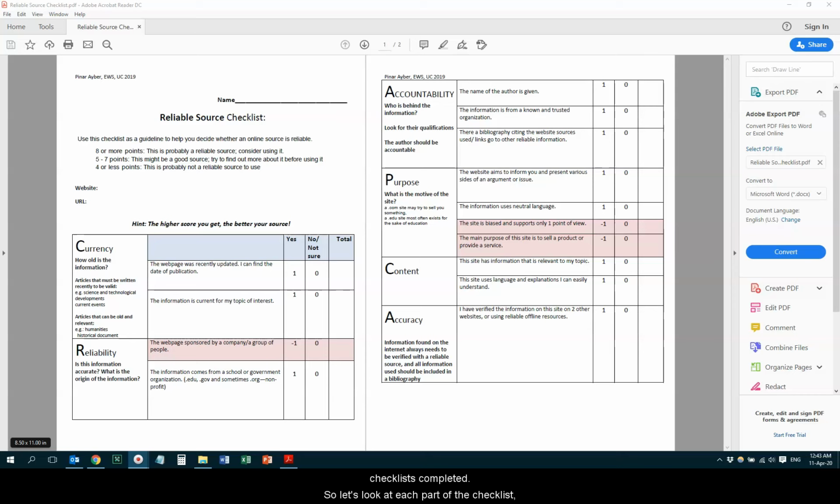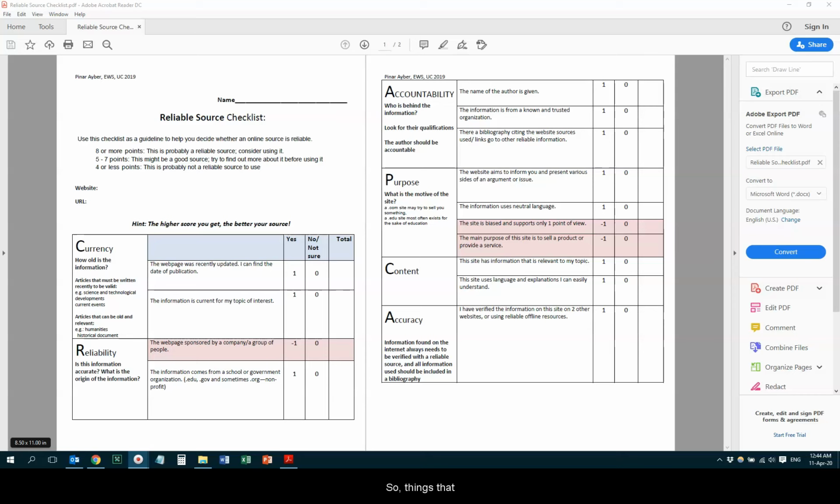So let's look at each part of the checklist and determine what each part is for. The first feature is C for currency. Currency talks about whether the information is up to date. How old is this information?